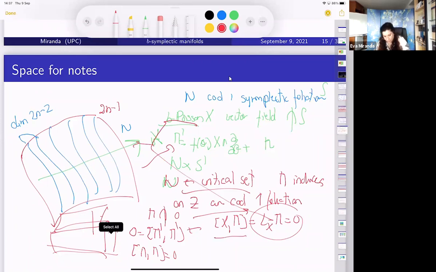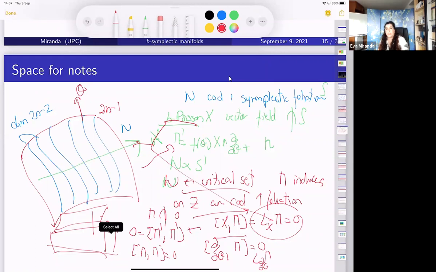And we need to use, of course, the condition of why this bracket is 0. Well, because the theta coordinate has nothing to do with the coordinates on N. It's an external coordinate, okay? Therefore, its Lie derivative is going to be 0.